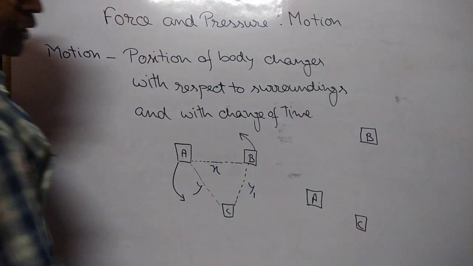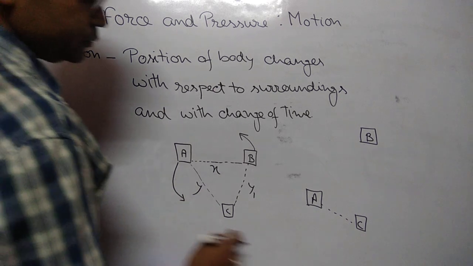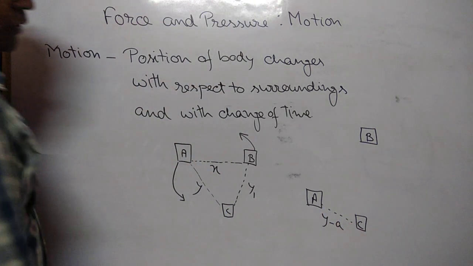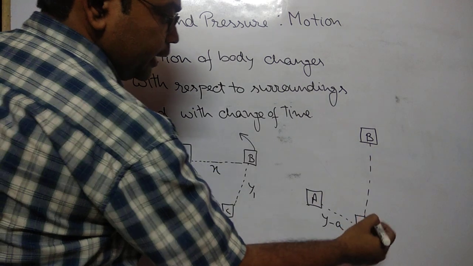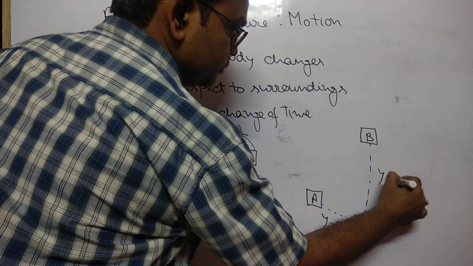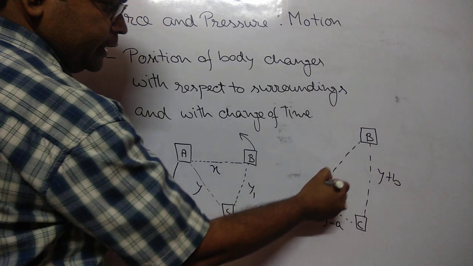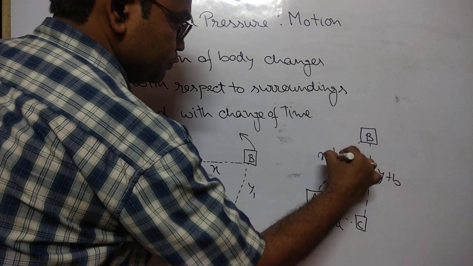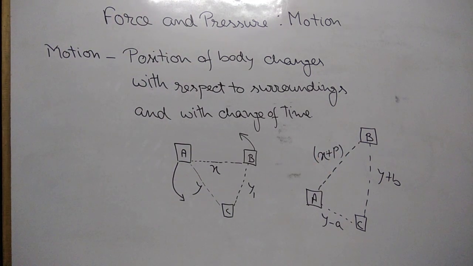Clear? So the distance between A and C changes from y to y minus a. The distance is decreased. And the distance between B and C increases to y plus b. Also, the distance between A and B increases. Suppose it's x plus p units. And time is also increasing.